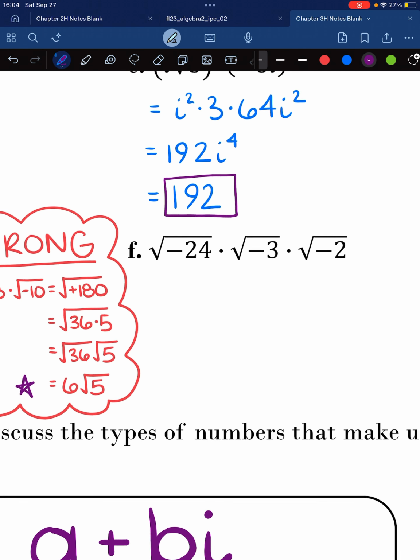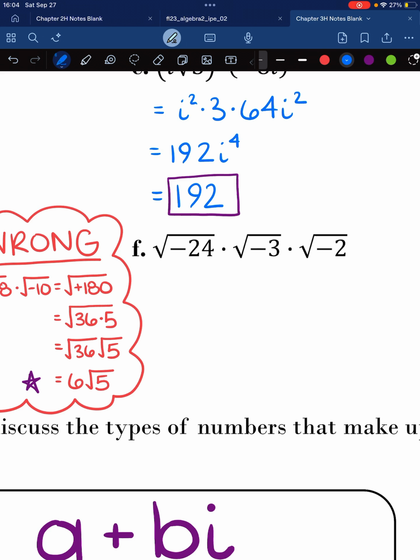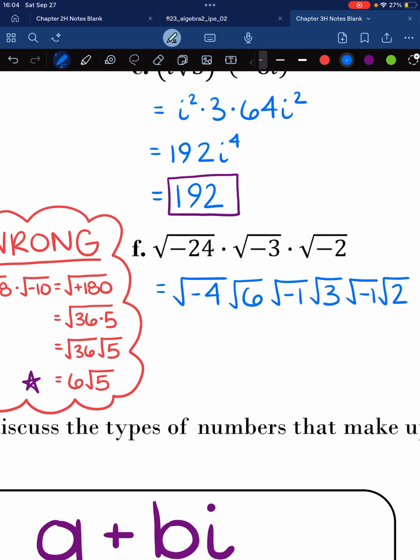Okay, so F, we need to do the same thing. And let's go ahead and start by simplifying first. Square root of negative 4 times the square root of 6. Square root of negative 1 times the square root of 3. Square root of negative 1 times the square root of 2, right?